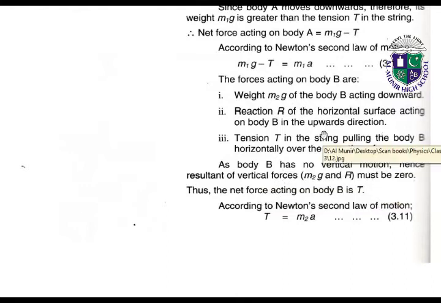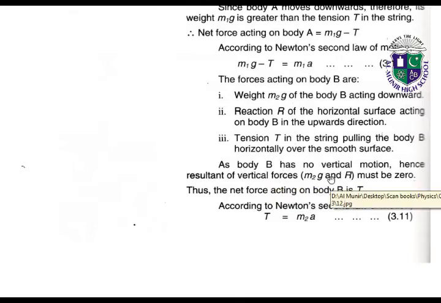Body A is showing the vertical motion, while body B is showing the horizontal motion. So hence the resultant of vertical forces m2g and R must be 0 here. So net force acting on body B is T. So T is equal to m2a.